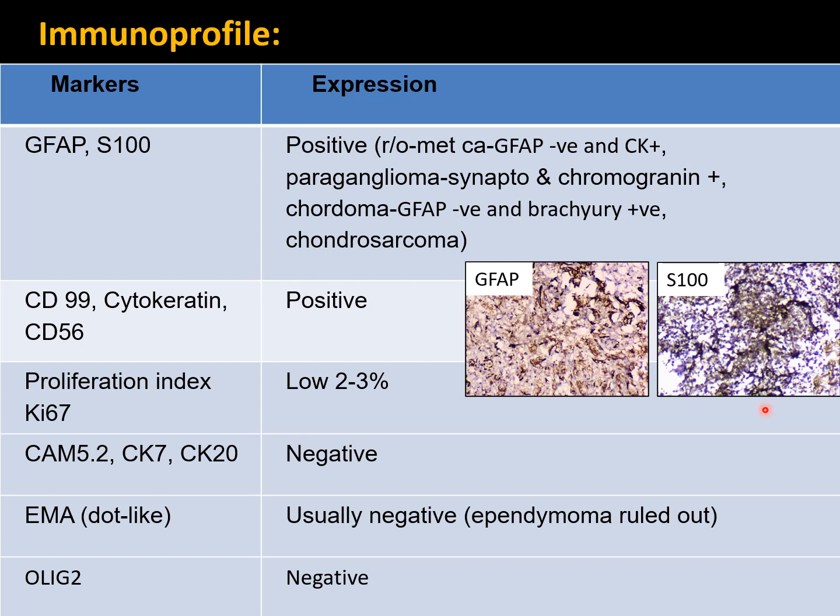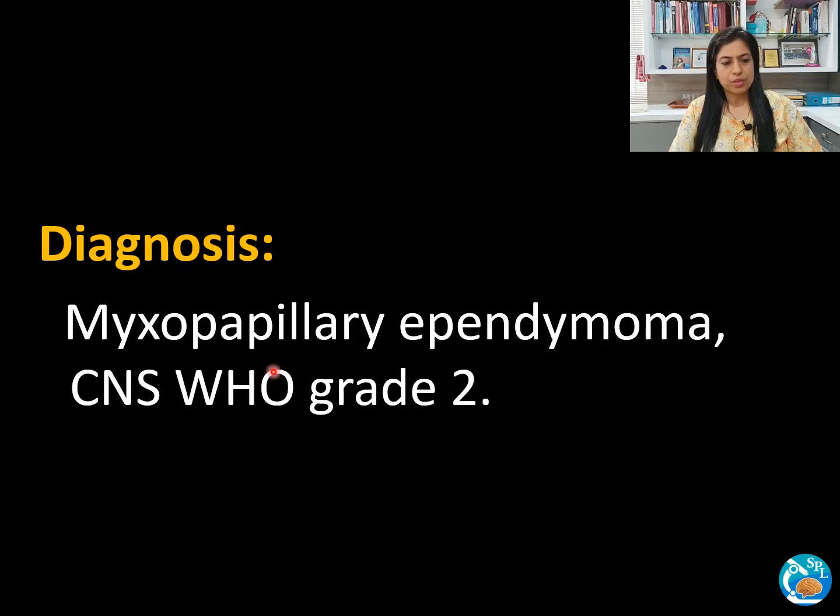The proliferation index Ki67 is typically low, 2 to 3%. These are CAM5.2, CK7, CK20 negative tumors. The EMA dot-like positivity, which is present in the conventional ependymoma, is usually absent, and these are OLIG2 negative tumors.